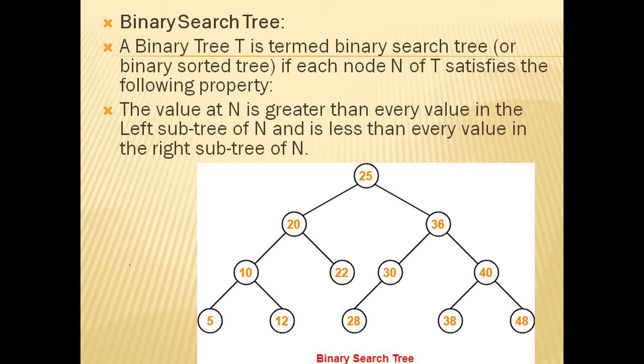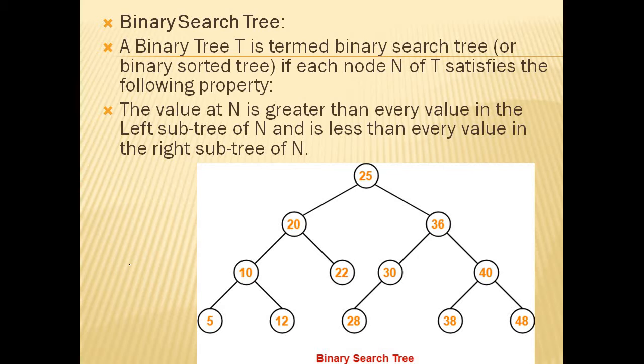So when you consider any root element, that root element should be greater than its left side children, and that root element value should be less than its right side children.